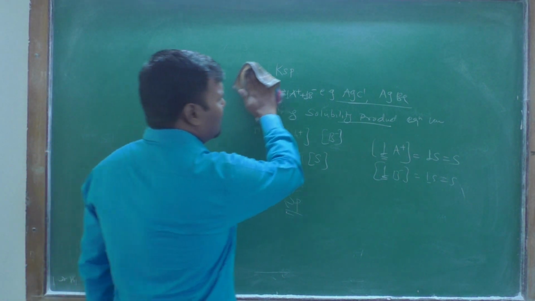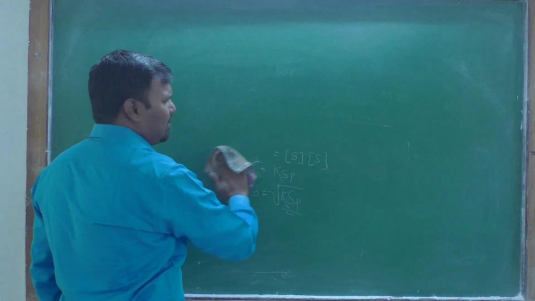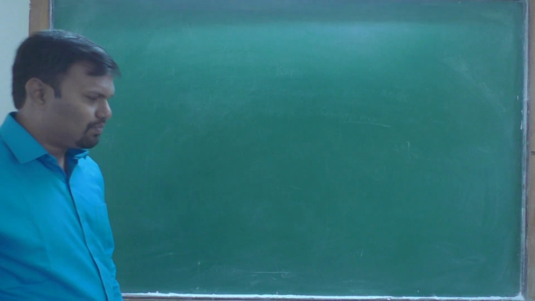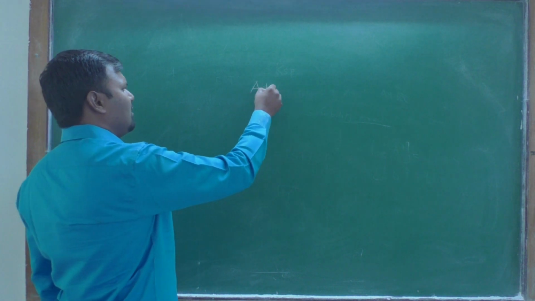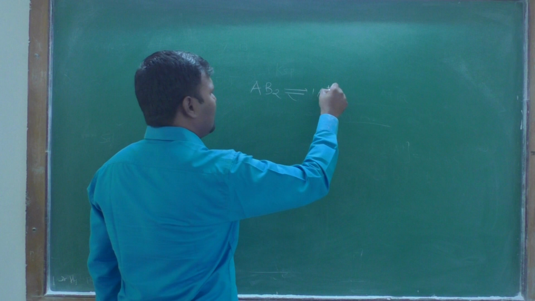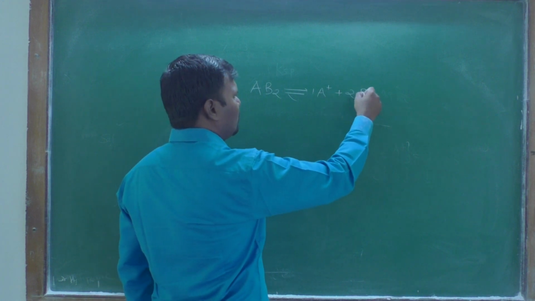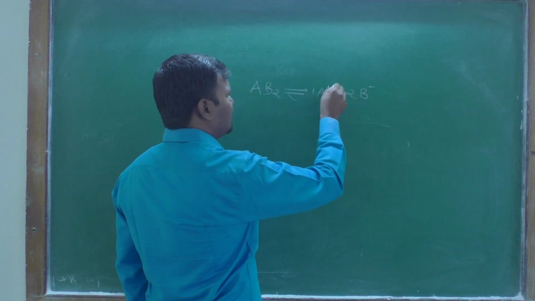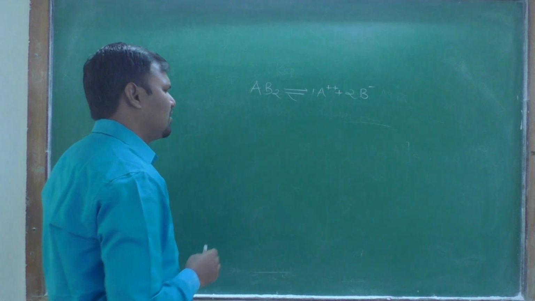Now we have another type of example, AB2. It gives the ions 1 A++ and 2 B-. The charge on A is 2 plus.